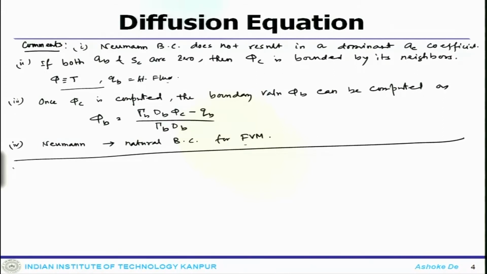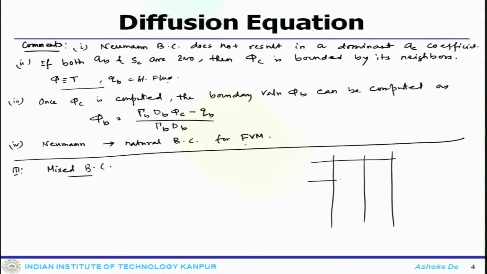Now, the third kind of boundary condition is the mixed boundary condition. So, mixed boundary condition, which will mean if we again draw these elements and apply the boundary condition.